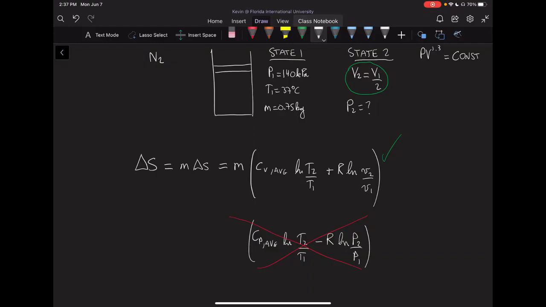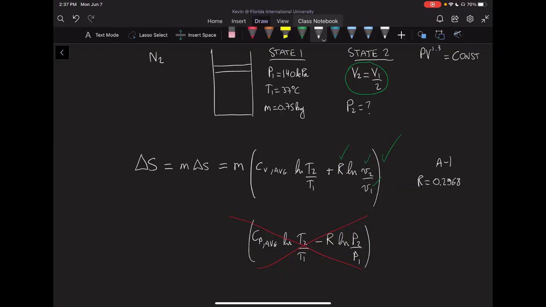So let's do a summary of what we already have. We have V2 over V1, because if we divide V2 by V1, we see that we have a half, 0.5. We can find R for nitrogen. R for nitrogen is equal to 0.2968 from table A1.